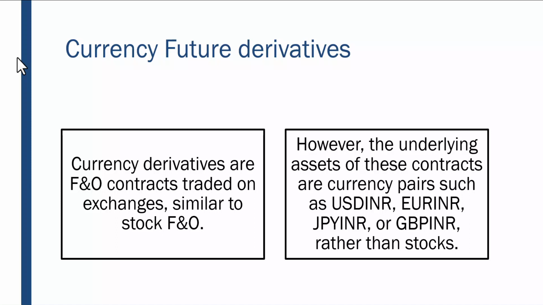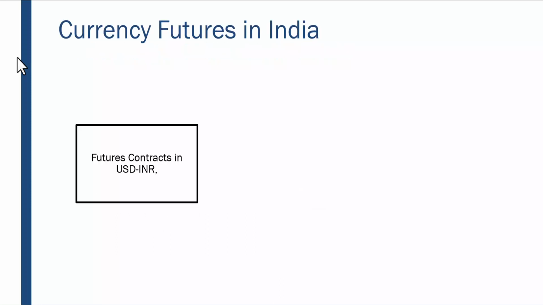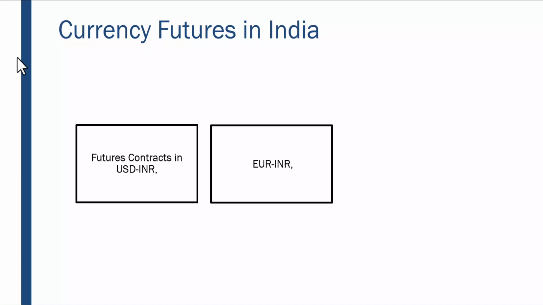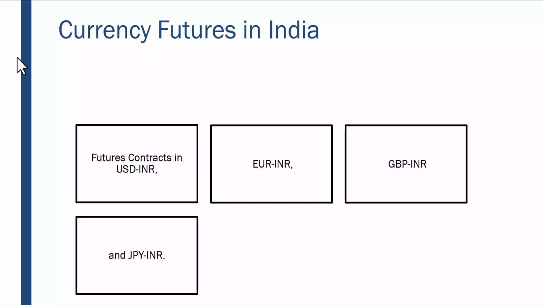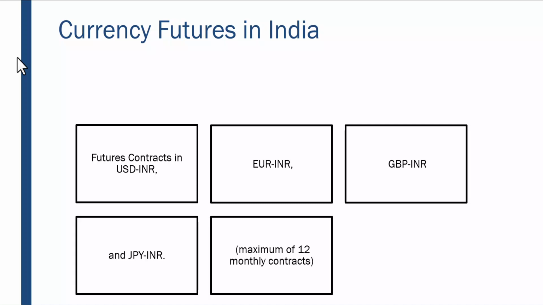So these are the underlying in the futures contracts: USD INR, Euro INR, Great Britain Pound INR, and Japanese Yen INR. These are the four major currencies traded on the stock exchange.